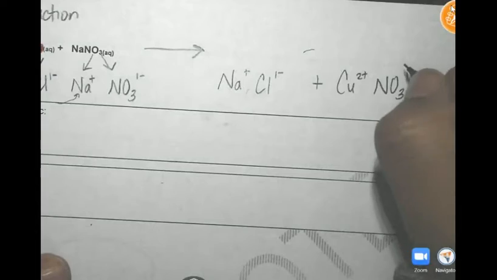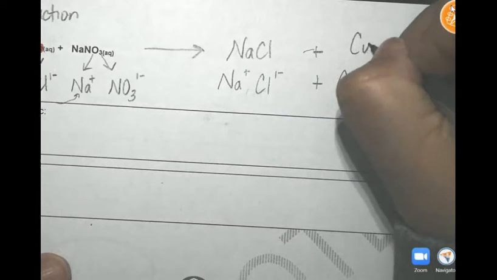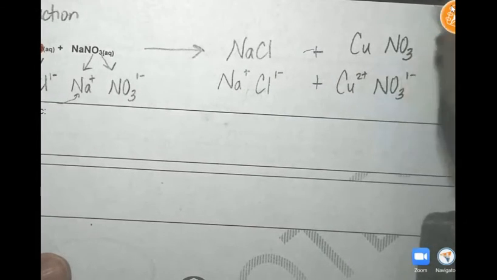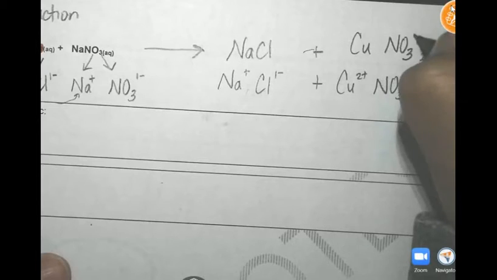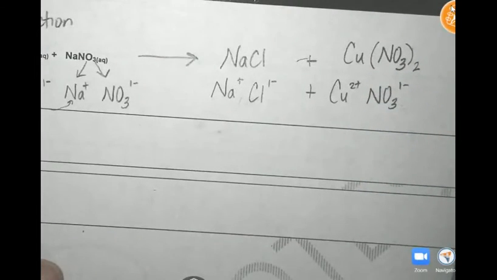I'm going to reduce, crisscross. This is NaCl. Cu 2 plus and NO3 1 minus is Cu NO3 2. Okay, so I have predicted my products.